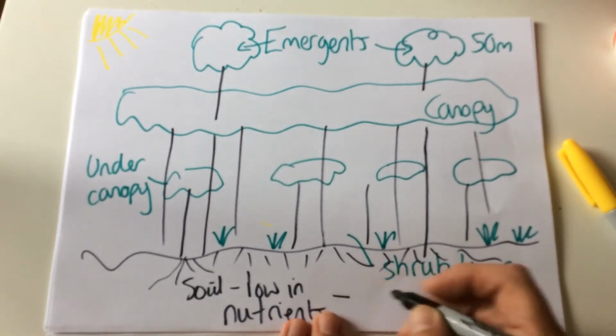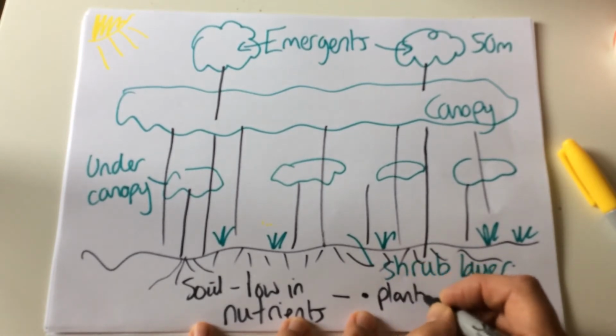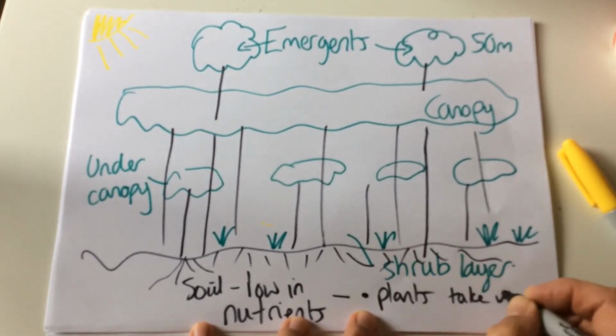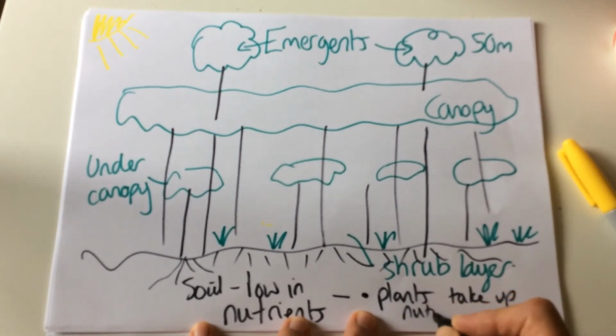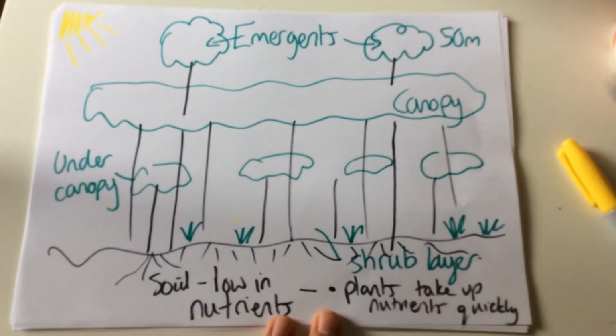So the soil is low in nutrients for two reasons. Number one, the plants take up nutrients quickly, because of these perfect growing conditions.